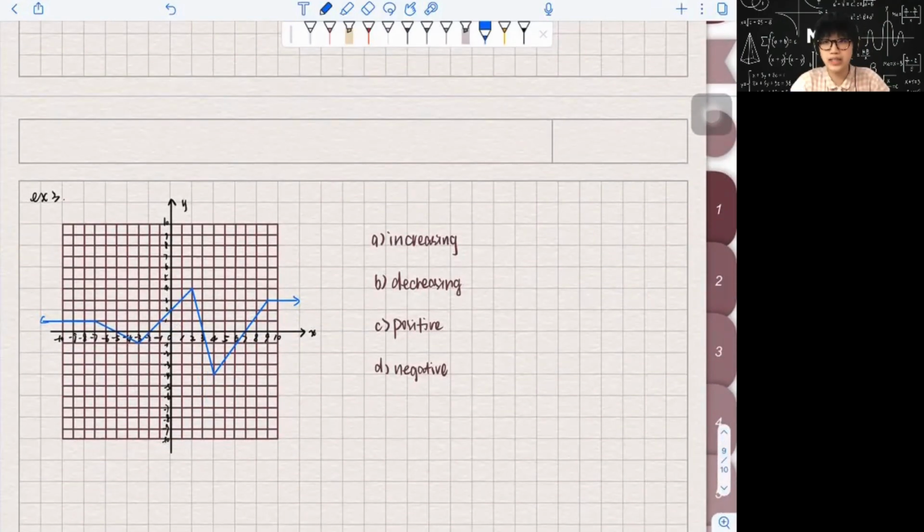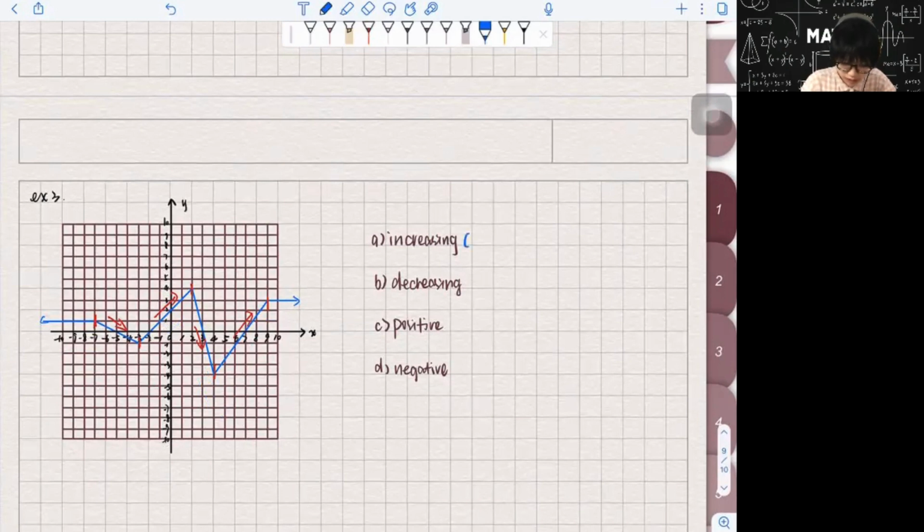In these kinds of exercises, we will use the same method. Here, from -7 to -3, the gradient is negative, so it's decreasing. From -3 to 2, the gradient is positive, so it's increasing. From 2 to 4, it's decreasing. And from 4 to 9, the gradient is positive, so it's increasing.